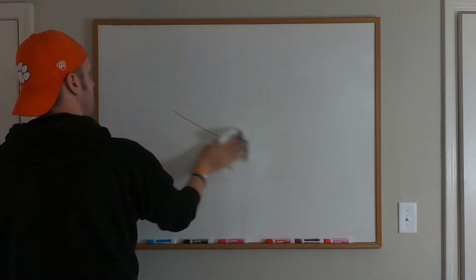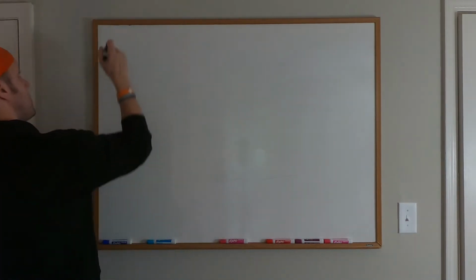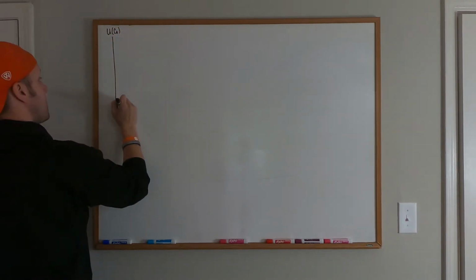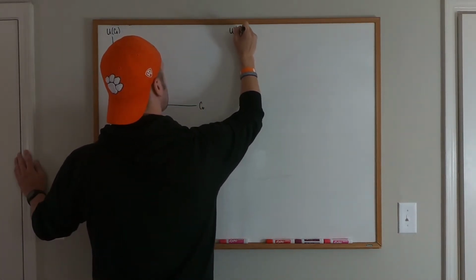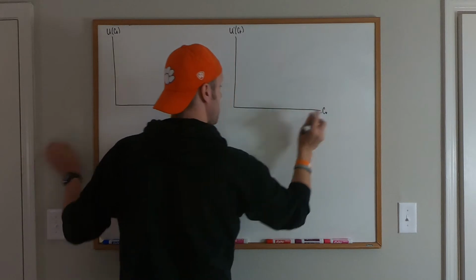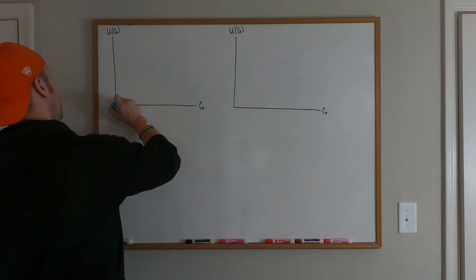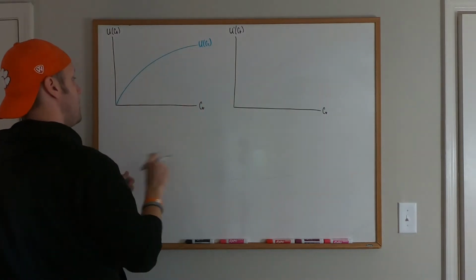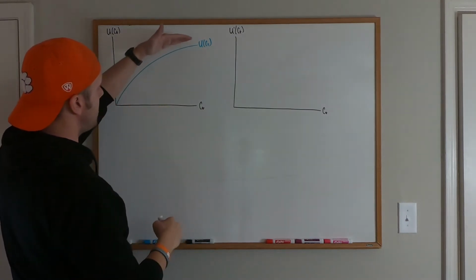So I'm going to draw out utility and marginal utility, and you can see what's going on. So total utility is increasing. Yet as we increase, the rate at which it's increasing is slowing.